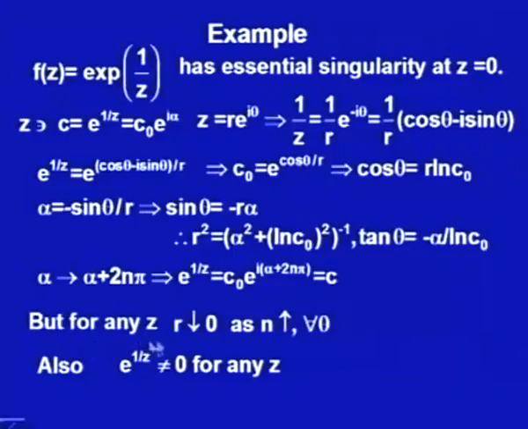For any jet, r decreases towards 0 and n increases, and this will happen for all θ, whatever value of θ I take. If I take α + 2π, I would get one value r here, and since this is now fixed, for every θ I could find a different r. That is what we are finding.